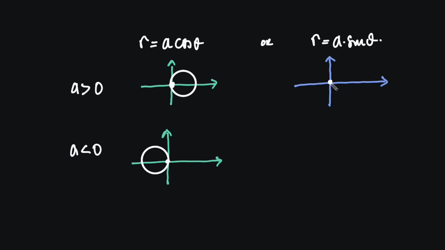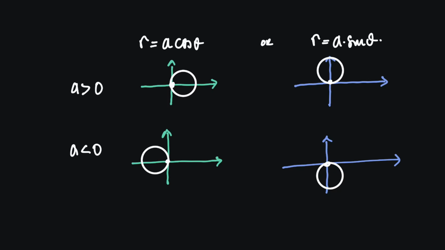Let me draw it properly. It's going to be here on top. And if it's negative, you probably guessed it, it's going to be a circle on the bottom, passing through the pole.